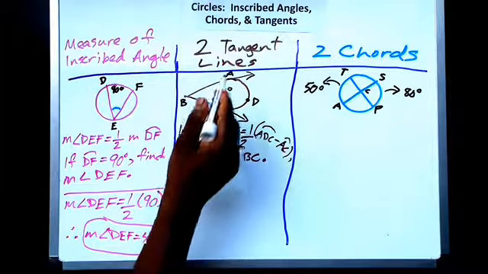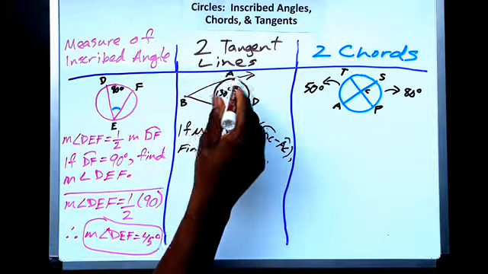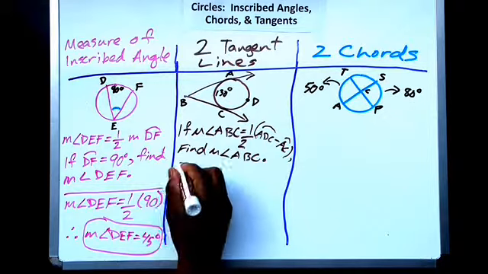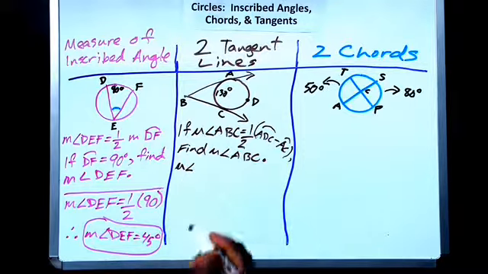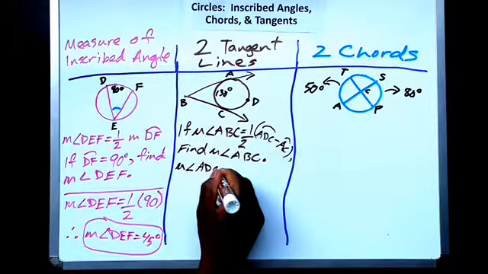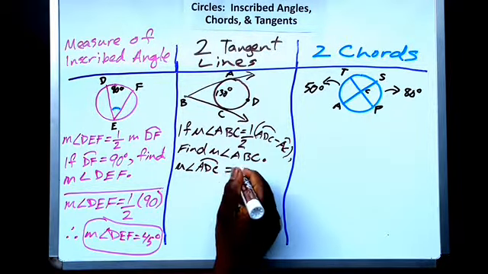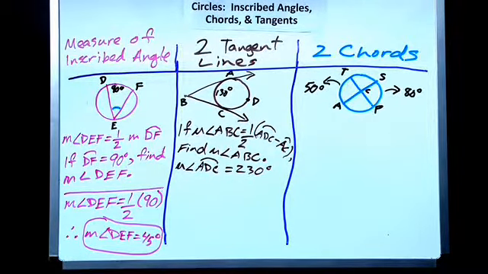Well, we already know what arc AC is. That's 130 degrees. We need to find the measure of arc ADC, the major arc. Well, if this arc is 130 degrees, then 360 minus 130 means that the measure of arc ADC, there you go, is equal to 230 degrees. 360 minus 130 is 230 degrees.